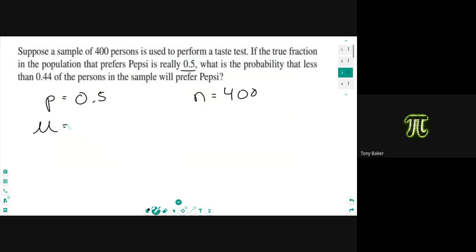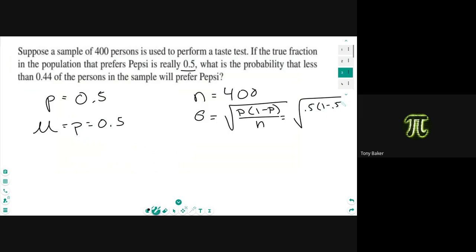So based on that, we can find our mean and our standard deviation. My mean is the same as P, so that's just 0.5. My standard deviation is the square root of P times 1 minus P over N. So 0.5 times 1 minus 0.5, divided by 400.